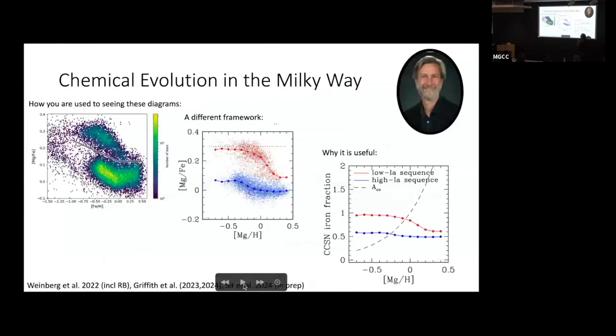So in case you're familiar thinking about chemical evolution, and I showed you this already, we often talk about alpha elements, core collapse, against iron, which is supernova type 1a.